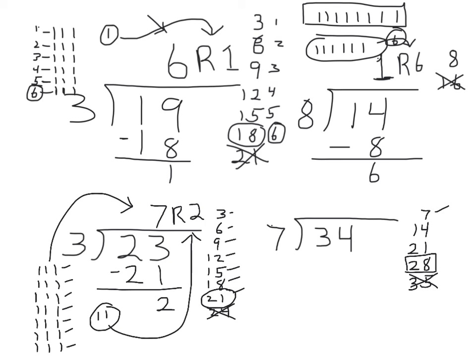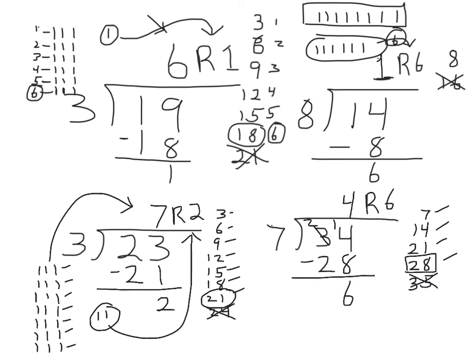And that's 1, 2, 3, 4 groups of 7. And that's going to give us a remainder of 6.